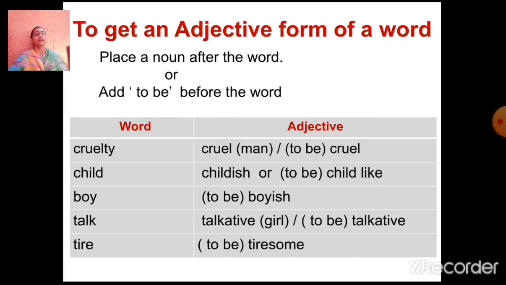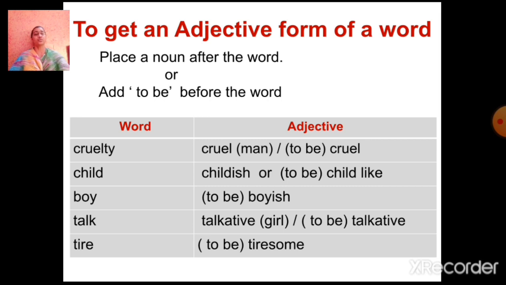Right? Now the other way to form an adjective is to add to be before the word. Now let's see this with a sentence. Sometimes you have to be cruel. So in this sentence, the word cruel is an adjective. So for the given word cruelty, the adjective is cruel.